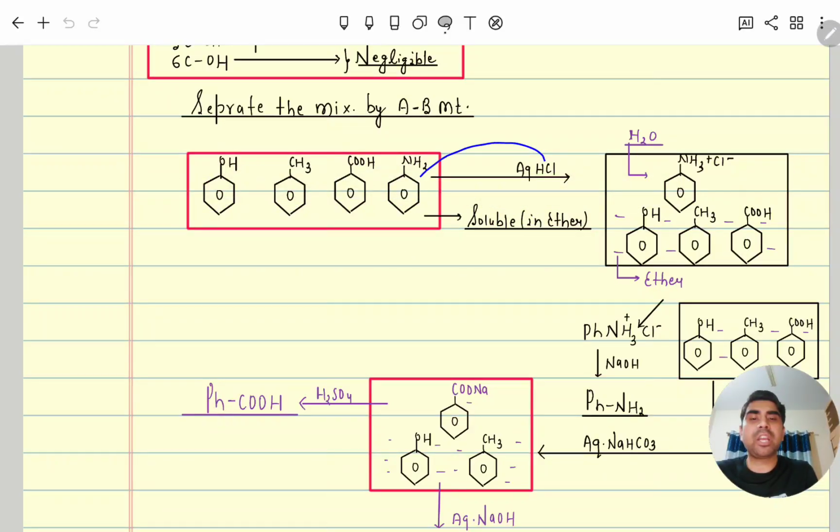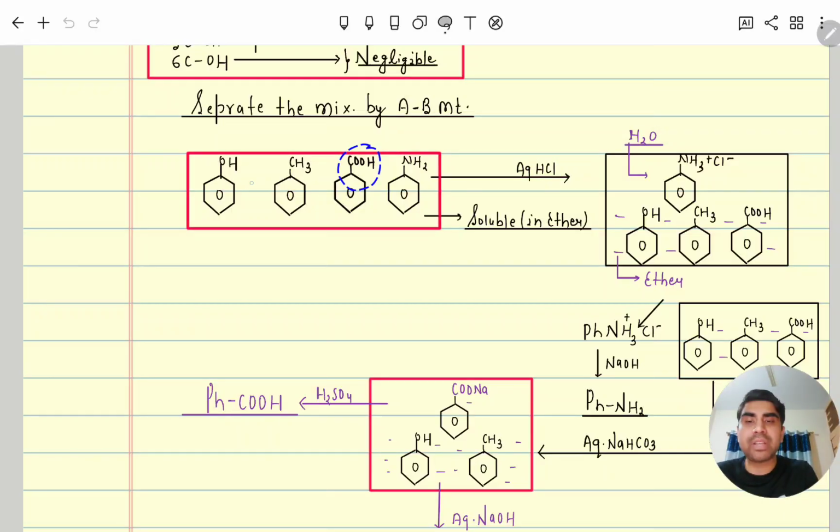In that I am adding aqueous HCl. As I am adding aqueous HCl, the HCl acid will react with which one? If it is reacting with this one, what will it form? It will form H3O plus and Cl minus, right? No, not possible.